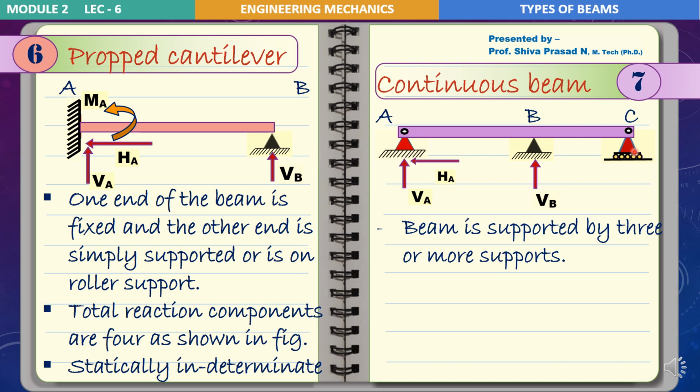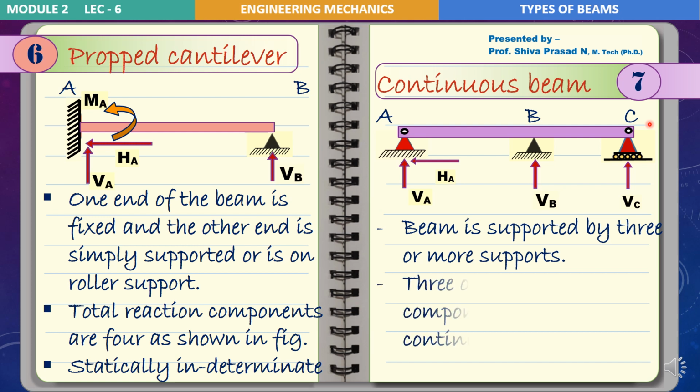At point C, I'll have again 1 reaction component, that is VC, because it is a roller support. If you want to understand better how to take support reactions for different kinds of supports, please view our previous video lecture on the types of supports.